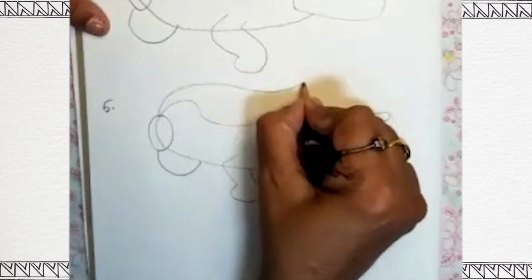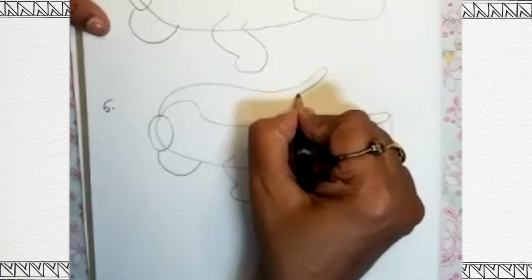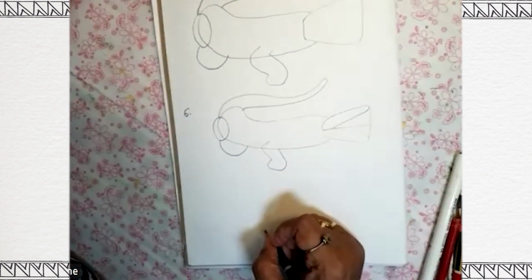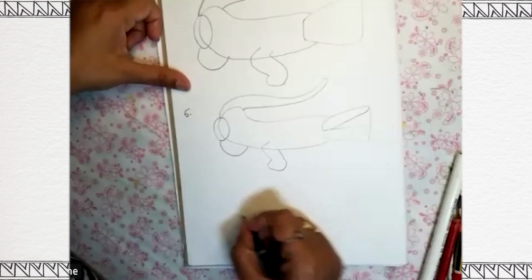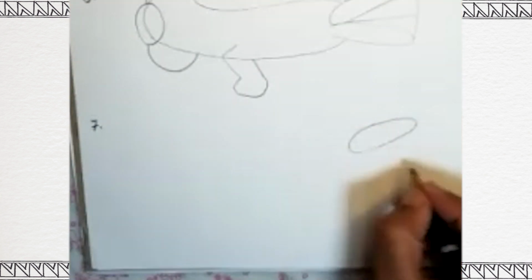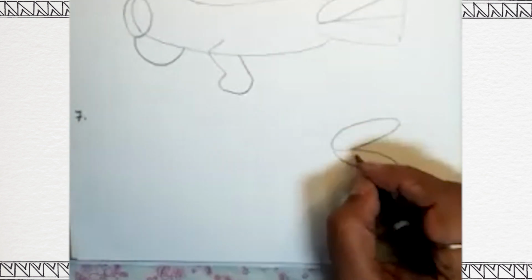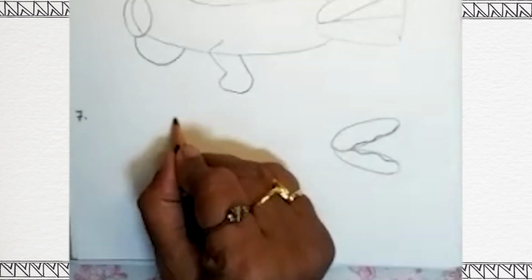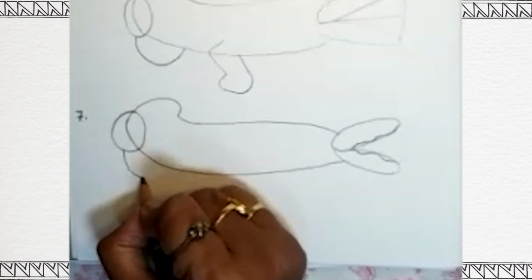Start the tail with one of the end of O and bring it here. In 7th, there is not much difference as 6th, but only thing is we are skipping this line and here we are showing a curve. Here also we are showing a curve. Rest is all same.